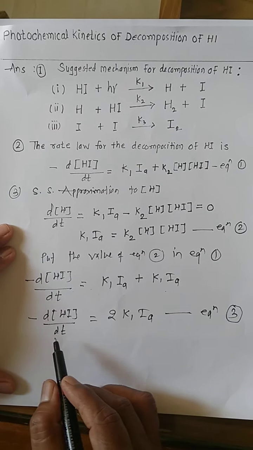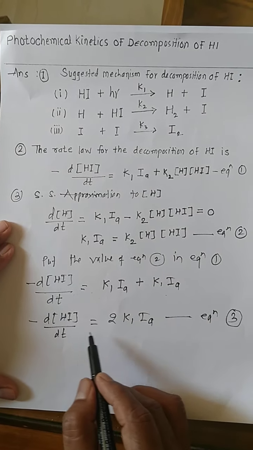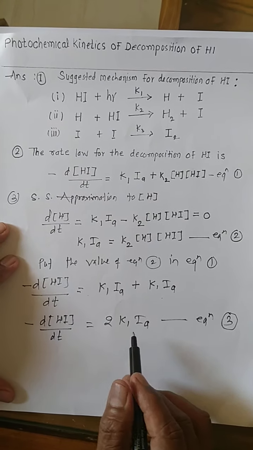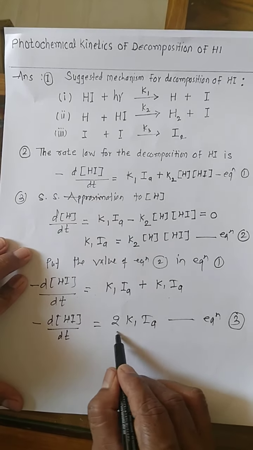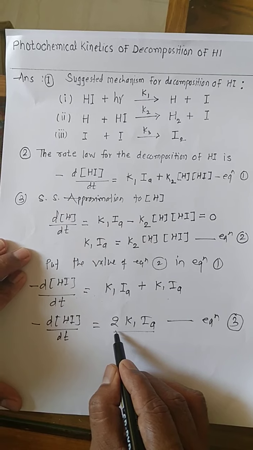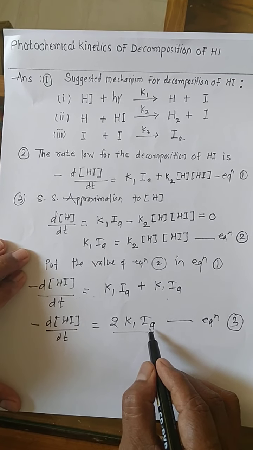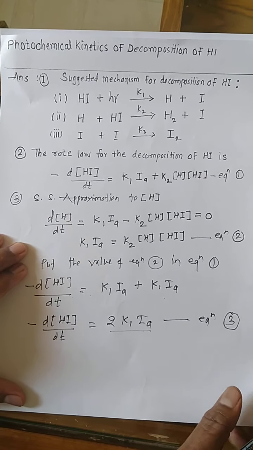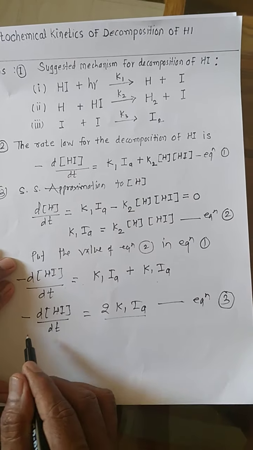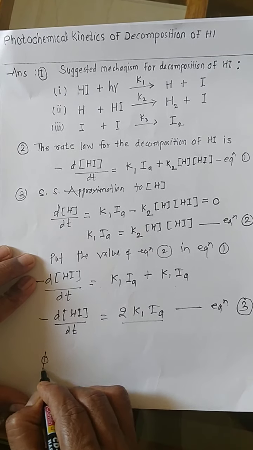Dear student, this is the rate of decomposition of HI. Here the value is 2 into K1 intensity absorbed. Now you have to calculate the quantum yield or quantum efficiency.